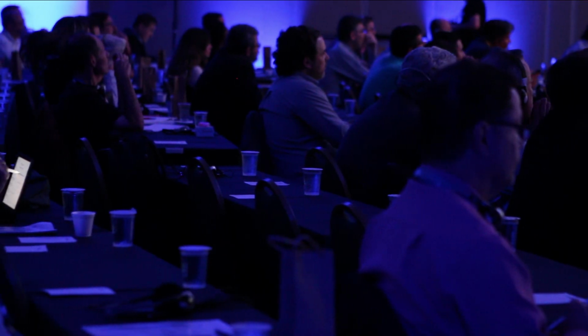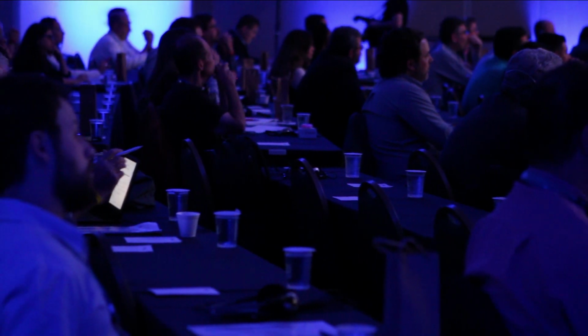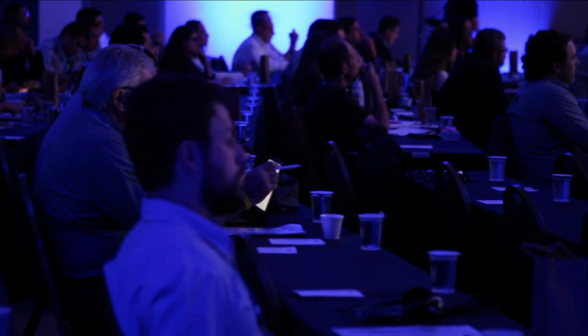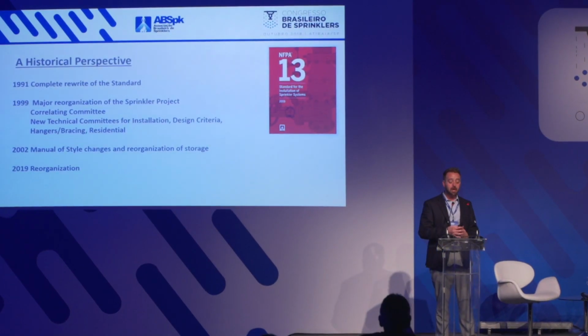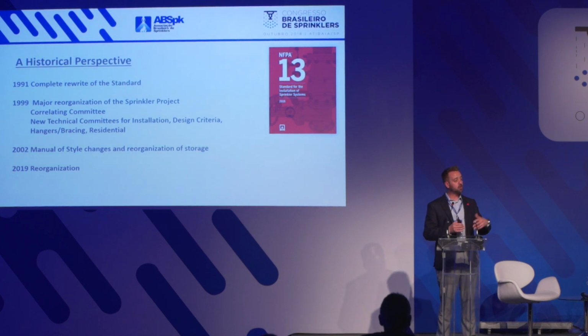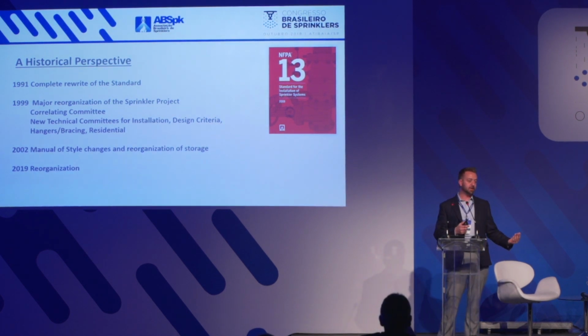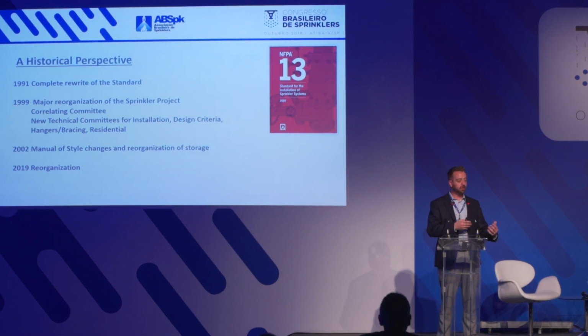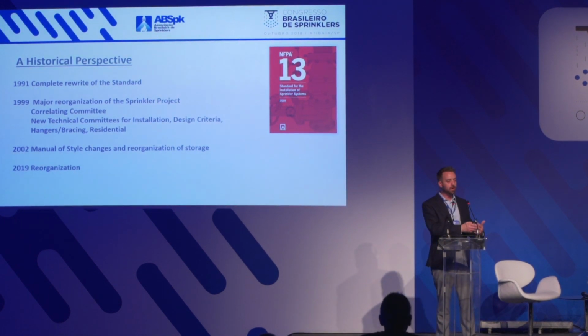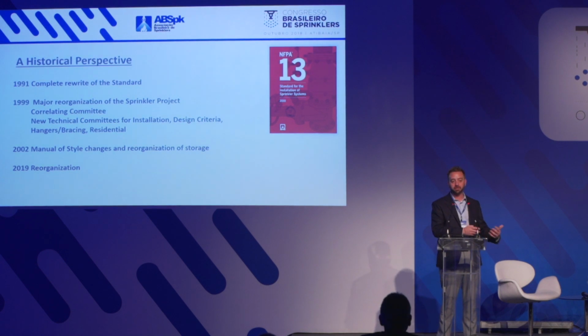So a little historical perspective here on NFPA 13. In 1991, the standard was completely rewritten. Come 99, that's when all the storage got added into NFPA 13. So we went away from the 230s. NFPA 230 used to be your storage with different storage classifications for commodities through different sets of NFPA 230.